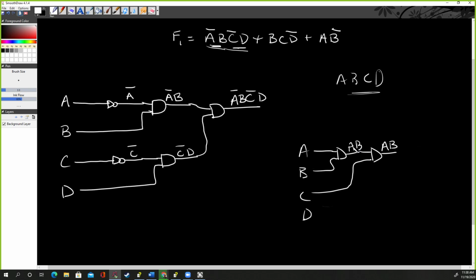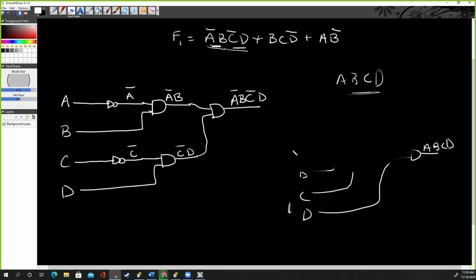A, B, this wire, and C. And then add one more and go A, B, C, and this wire, which is the D. Both require the same amount of gates, so it doesn't matter how you do it. So if you want to put these together and these together and then those together, or like this, one at a time like I did, it doesn't really matter, to be honest with you. It's the same thing, all right?